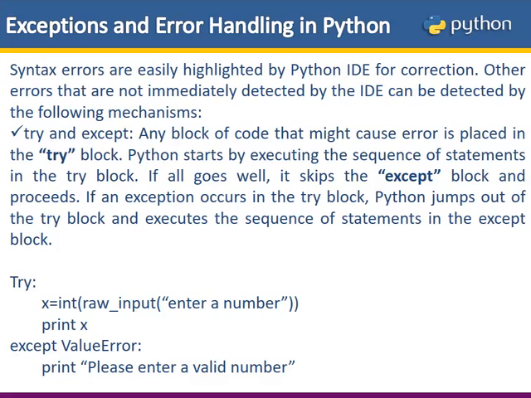So you now supply a valid number. For example, you type 5 as a number, and it prints 5. But if you type the alphabet ABC, it will show please enter a valid number, without your code crashing.